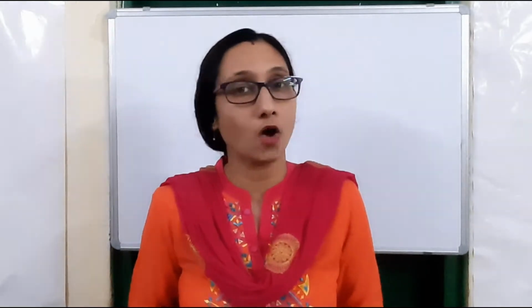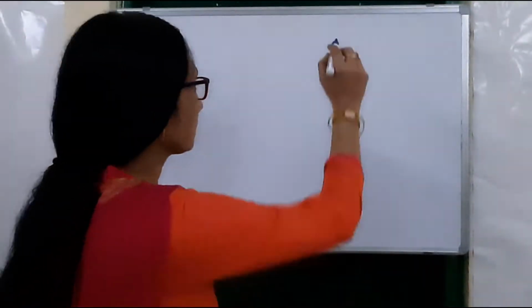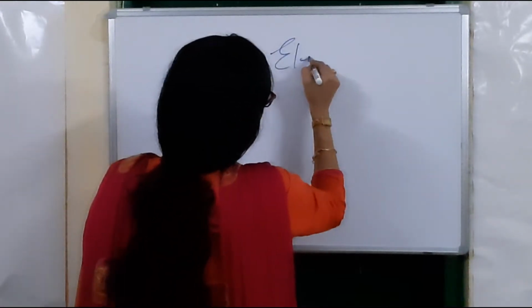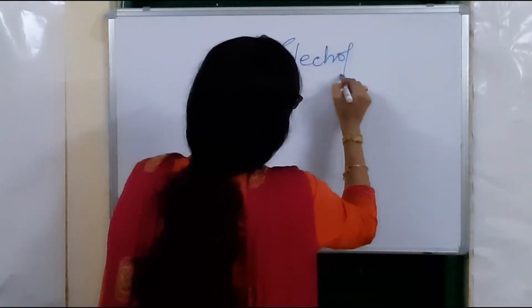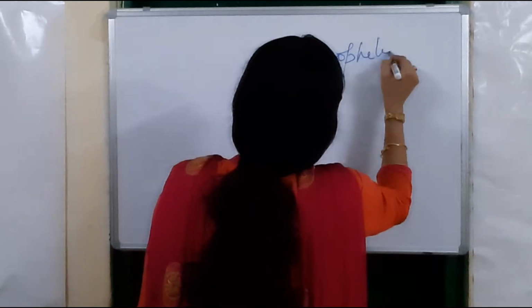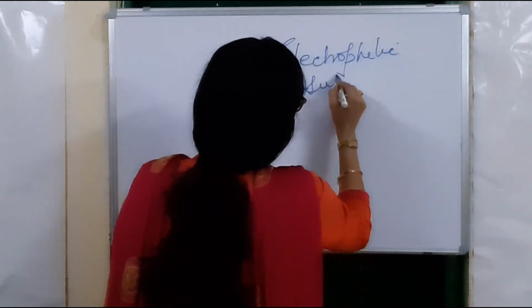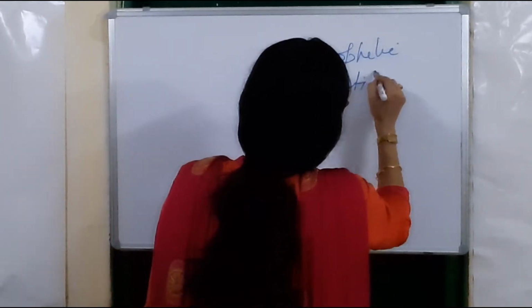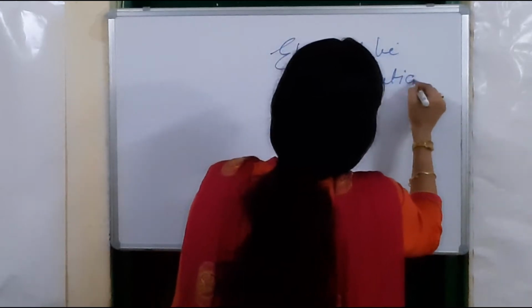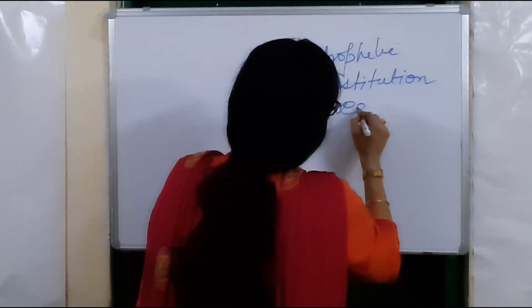Now, this halogenation or nuclear halogenation of benzene is an example of electrophilic substitution reaction.